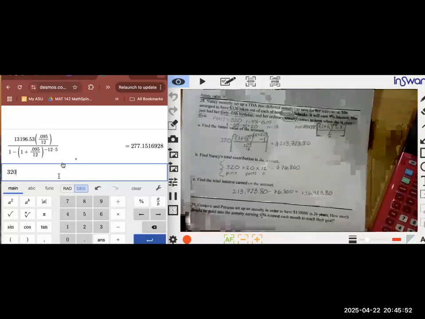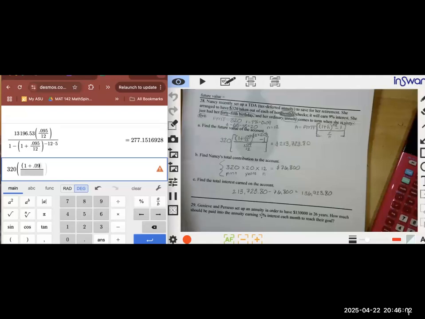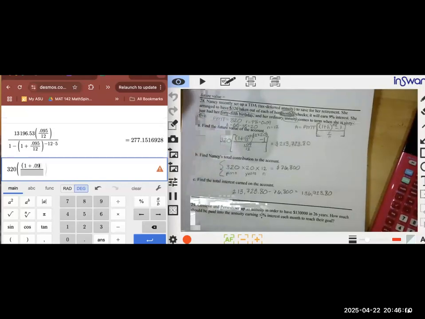320 times, I'm going right for my fraction, which is over here, parenthesis. So I just hit the slash on my keyboard, the one that's with the question mark for my division.